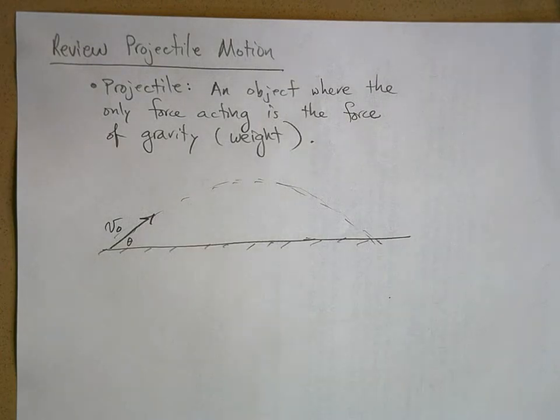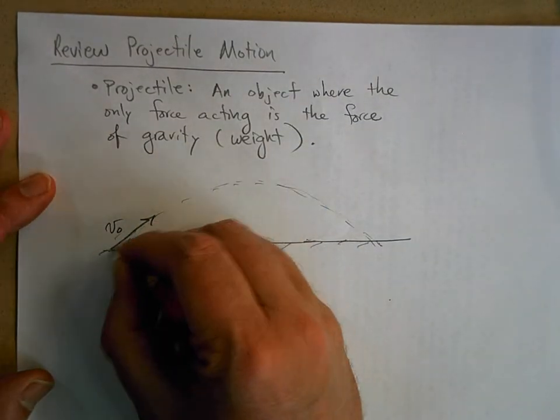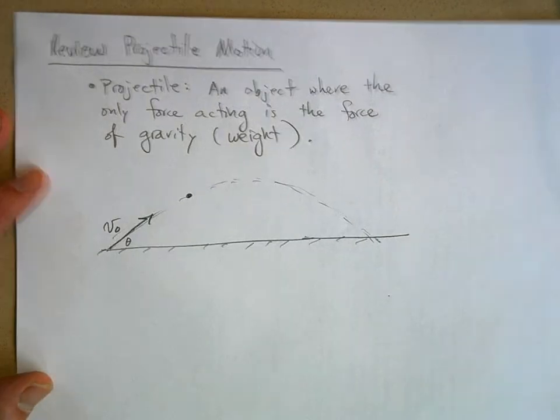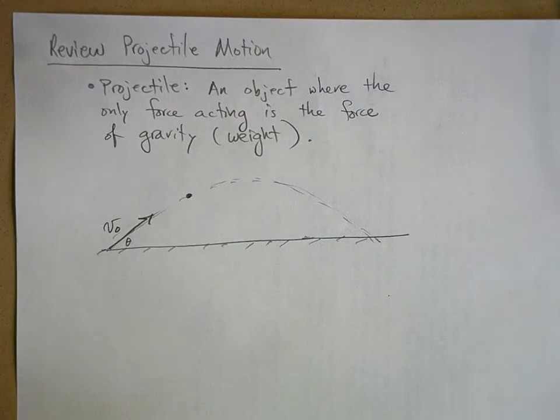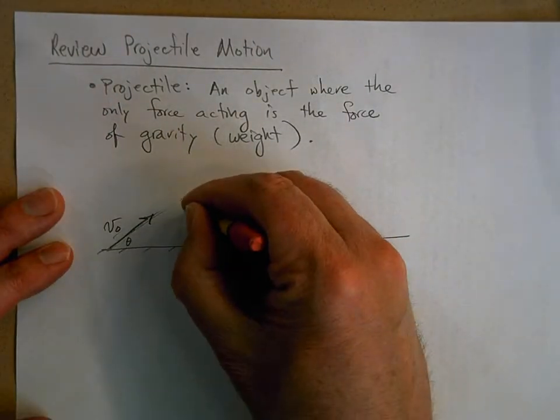Now let's think about what's going on with the projectile. Let's draw a free body diagram of it. It's a really easy free body diagram. Let's say I launch a football or something, and it's going up. And let's look at it right here. What's the free body diagram of this thing going to be? A downward arrow.